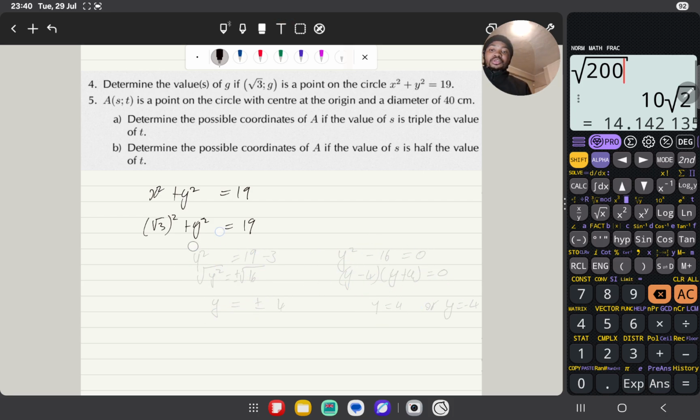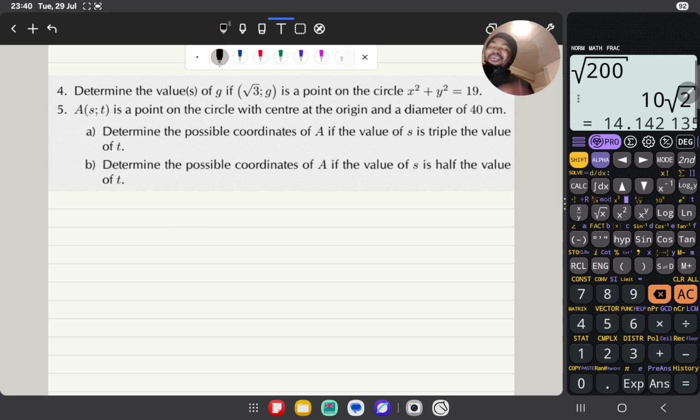And what do you know about a circle which has the origin as the center? You know that the structure of the equation is r squared equals x squared plus y squared, right? So the radius is half the diameter, which is half of 40, which is 20.